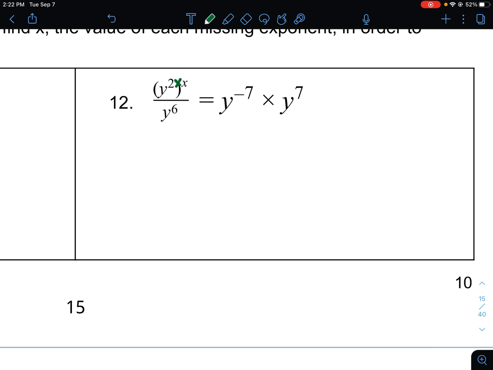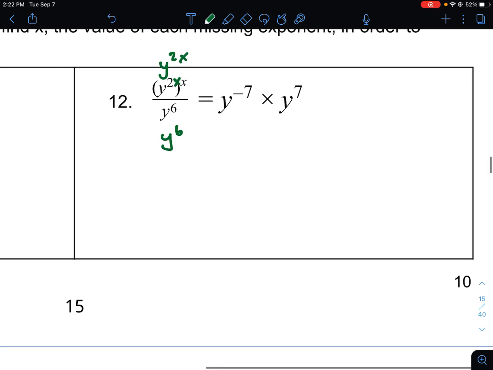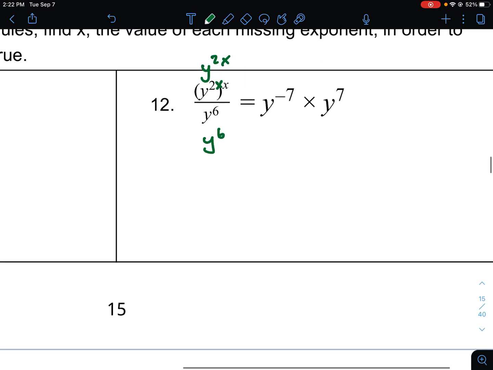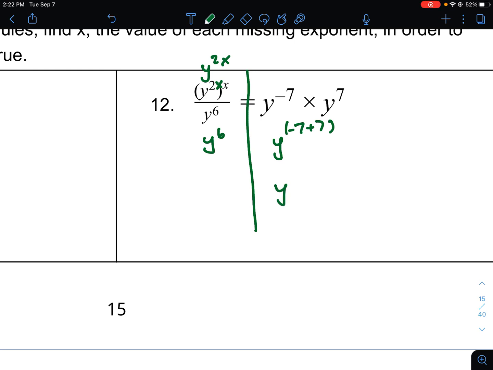Let's use our rules to simplify this. y to the 2nd raised to the power of x is y to the 2x. On the bottom is y to the 6th. On the other side, we've got y to the negative 7 times y to the 7. Remember, that is y to the negative 7 plus 7, essentially, which gives us negative 7 plus 7 is 0, which means basically y to the 0 power is 1.